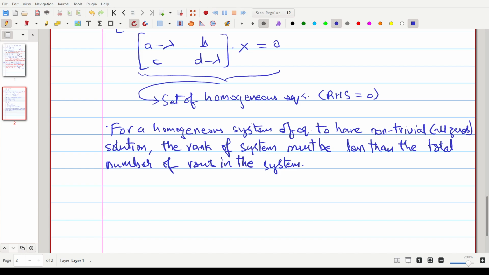Say rows or say equations, both are same, right? Because each row represents an equation.